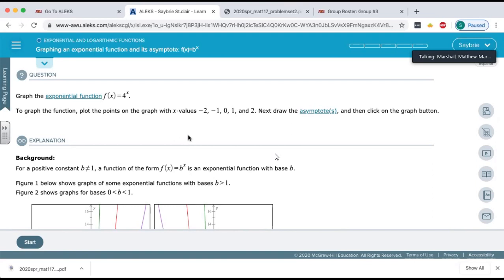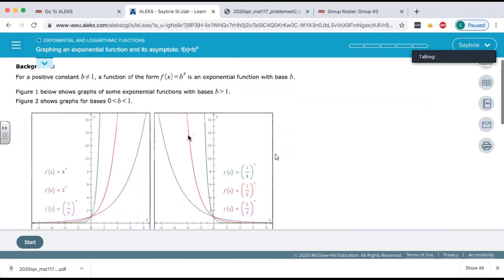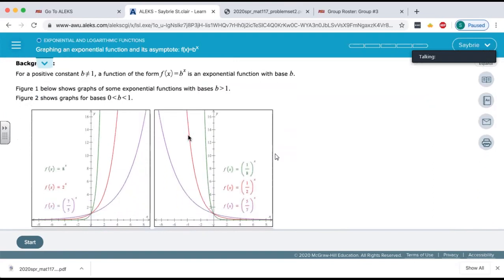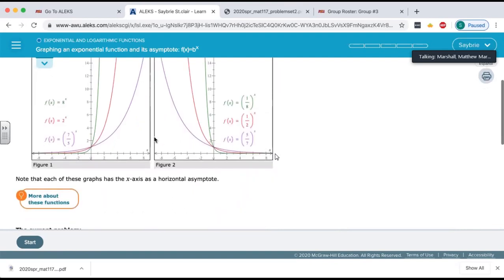Let's look at that explanation. Wow, that's complicated. Just go down. I think they're just trying to tell you some stuff.